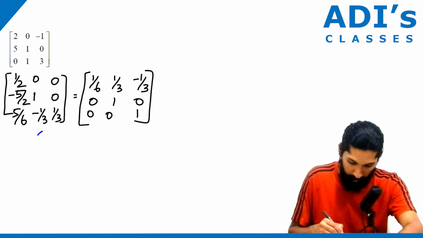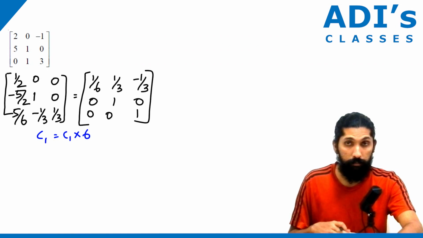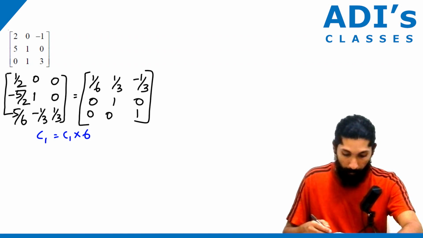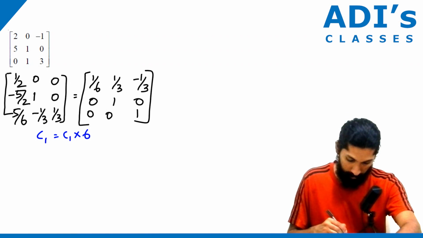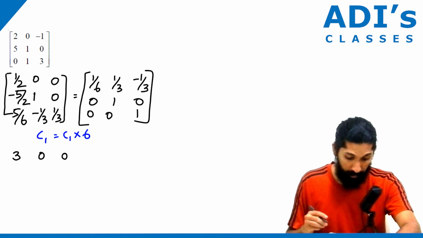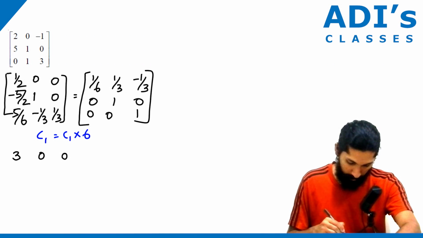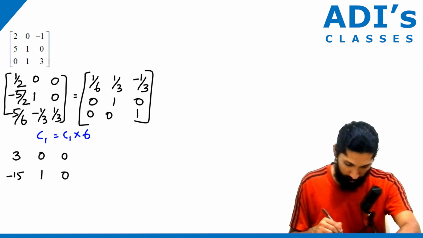Column 1 is equal to column 1 into 6. Multiply by 6. So if you multiply by 6, the first column, 1 by 2 into 6 is 3, 0, 0. Minus 5 by 2 into 6, minus 15, 1, 0. 5 by 6 into 6 is 5, minus 1 by 3, 1 by 3.